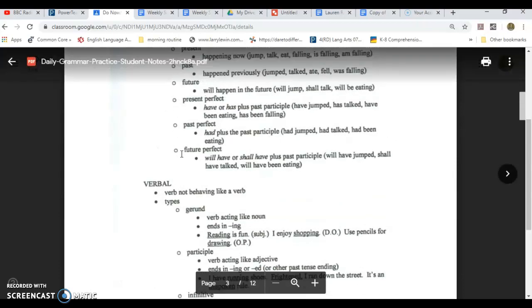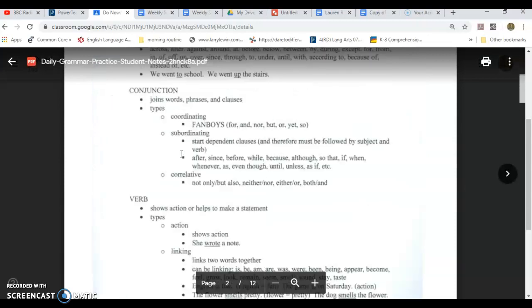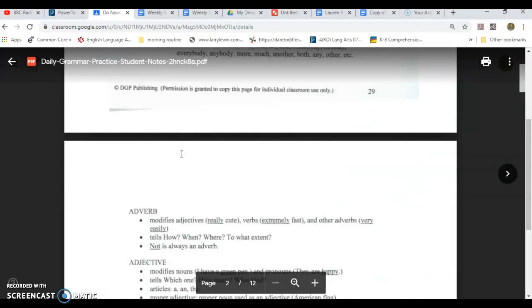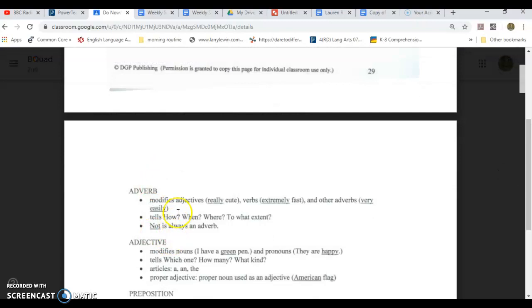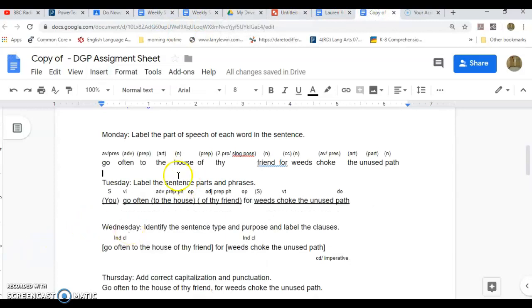Yes, it's telling you where. So that makes it an adverb. Let's go on up here to where, and there we go. Adverbs tell how, when, where, to what extent. All right. So let's go back and you are going to say adverb, prepositional phrase, house is the object.